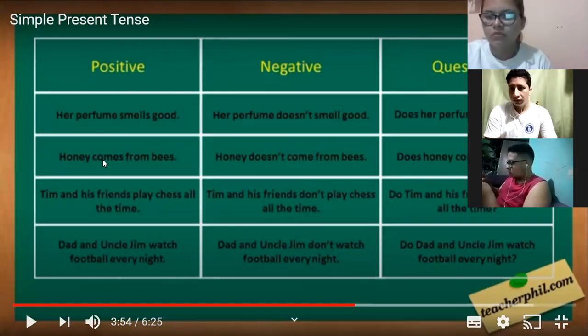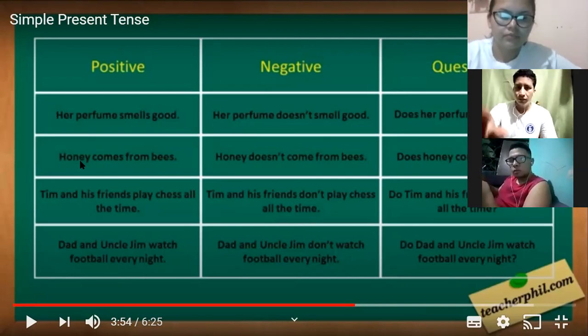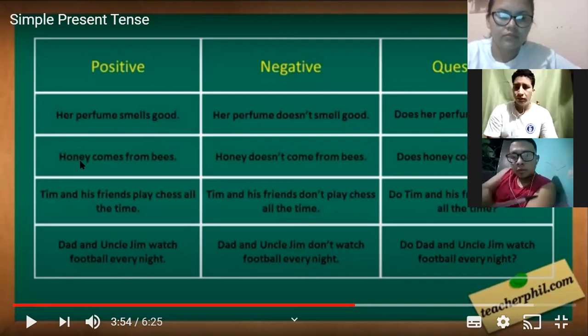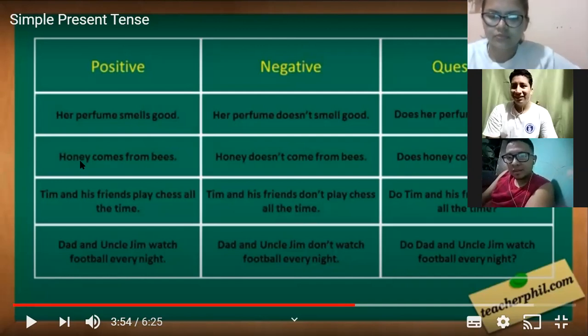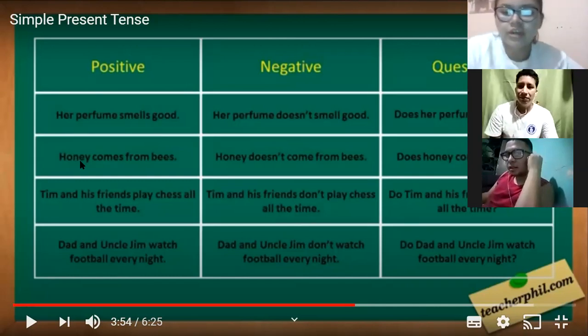Positive: honey comes from bees. Honey doesn't come from bees. Look at this, letter S. Why? Because honey is an it. What is the meaning of honey, Gabriel? Dulce o cariño.